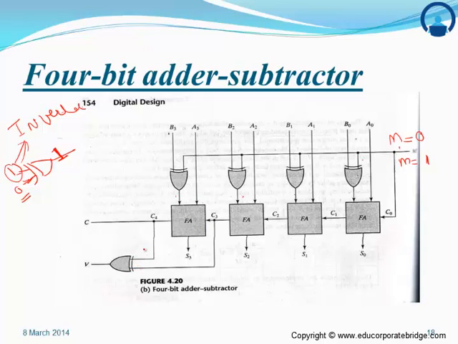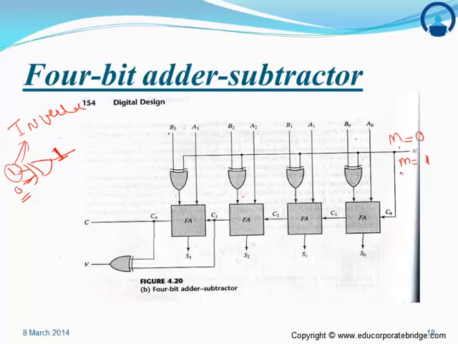So in short, the 4-bit adder and subtractor can work as an adder when we have the control line as 0, and it can work as a subtractor when we make the control line as 1.